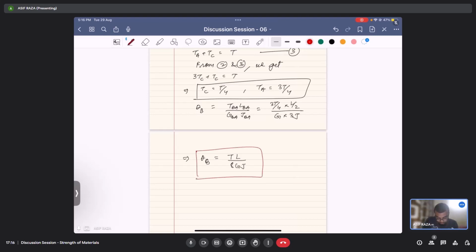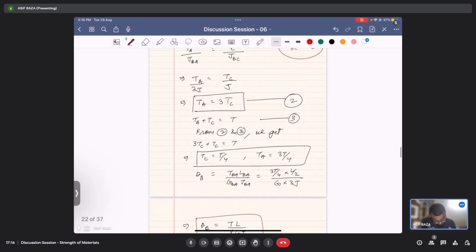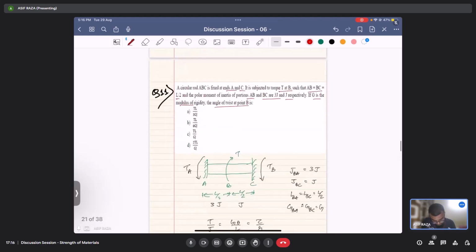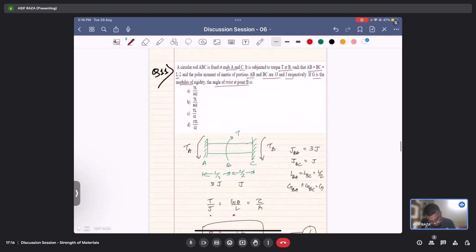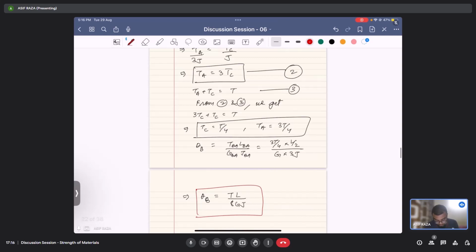So let's see if any of the options matches. Yeah, so option B, TL by 8GJ. And you can see TC would be equal to T by 4 and TA would be equal to 3T by 4.